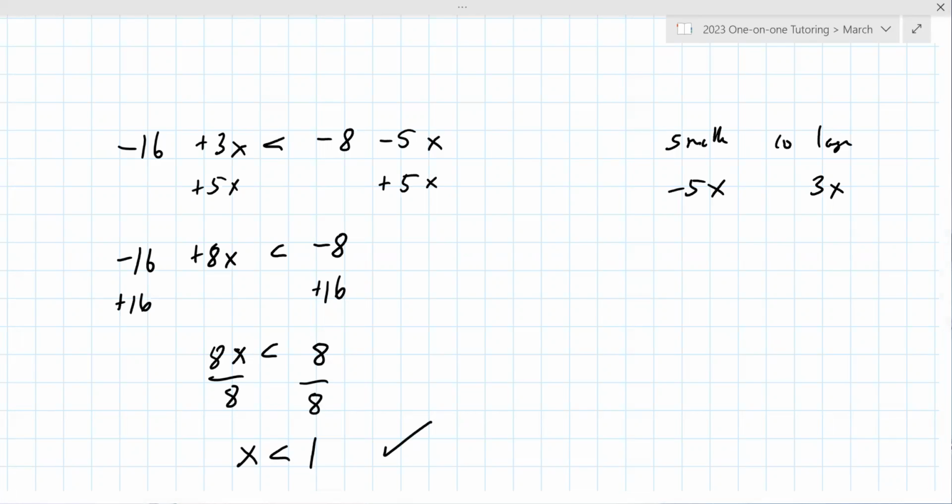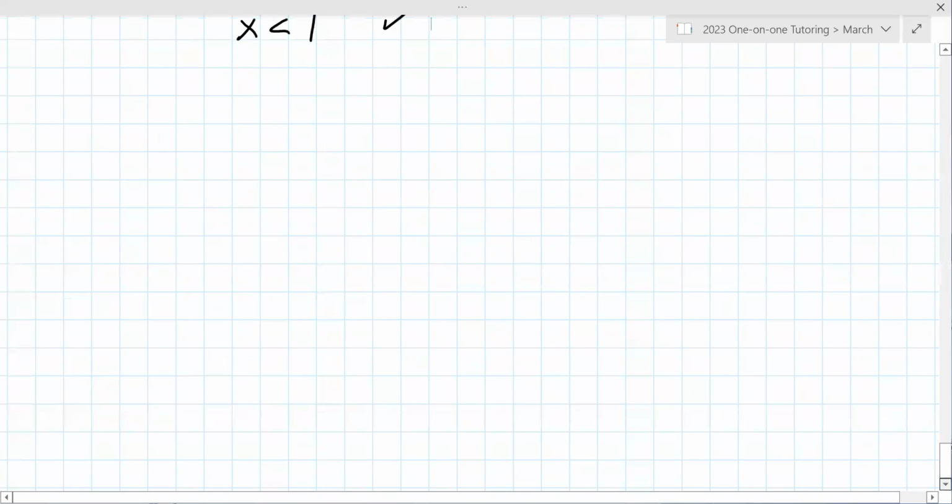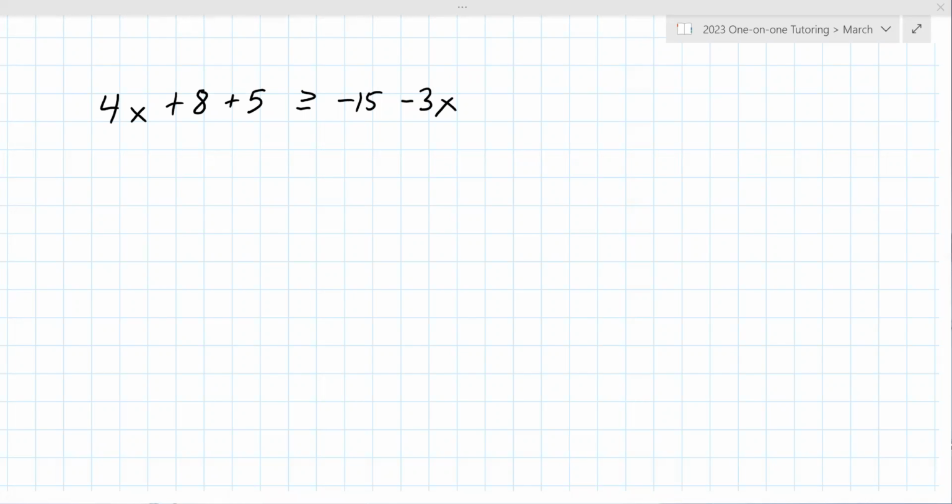Oh, wait, no, because this is in the negative. All right. Yep. Okay, a couple more here. This one I'd like you to try on your own. Okay. Go ahead and try this one. Let me know what you come up with.